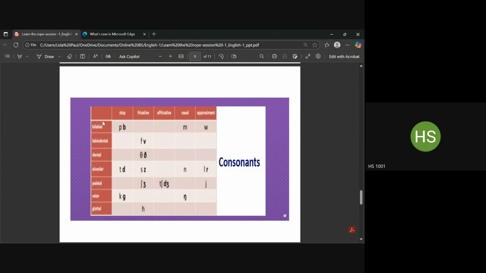Now, what you see along the x-axis is what we call the manner of articulation. So the places of articulation are all the different organs or physical parts inside your oral cavity where, when the air gets obstructed, the sound is produced.